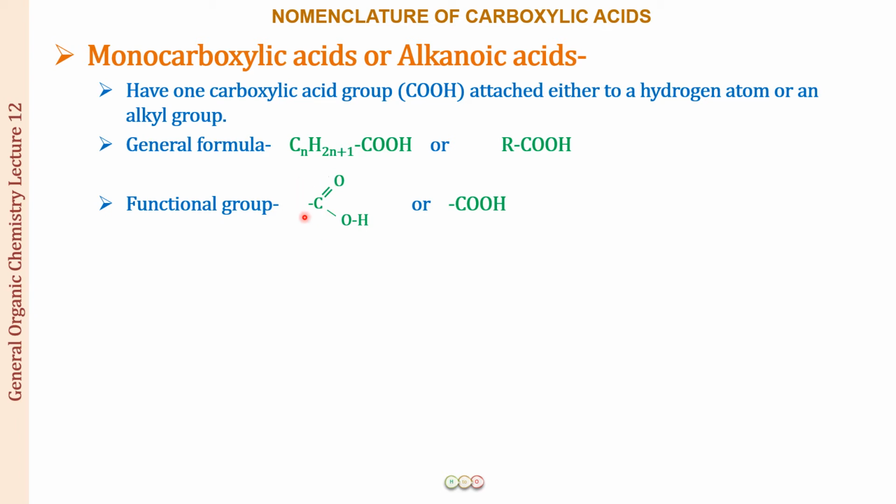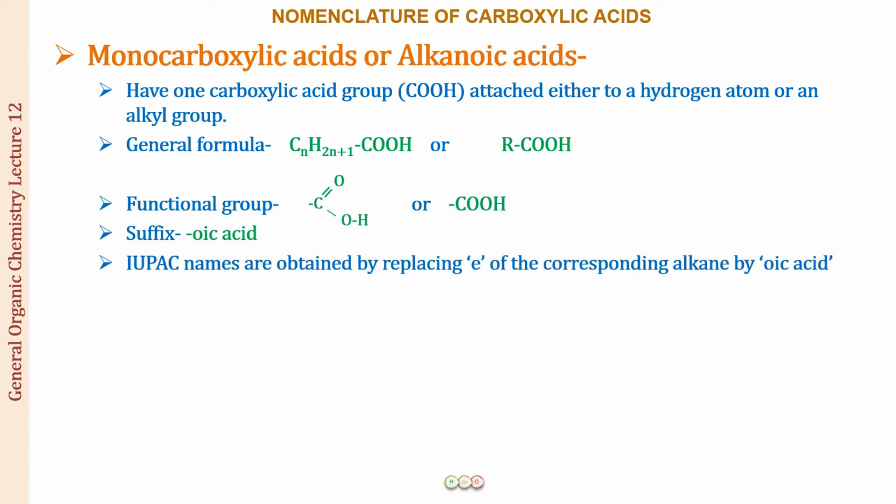This makes the 4 valencies for carbon. So the functional group is COOH. The secondary suffix we use for these compounds is oic acid, and we obtain the IUPAC names by replacing the e of the corresponding alkane by oic acid.